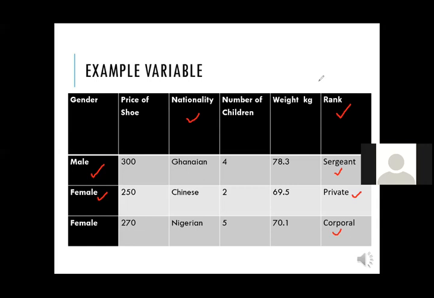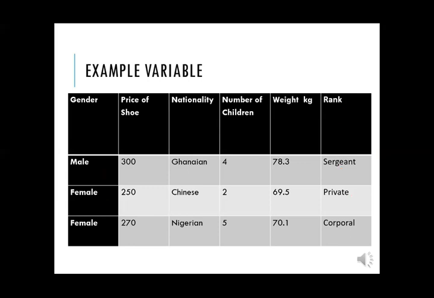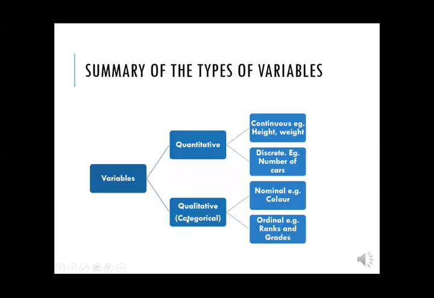Now, how do we classify those two types of variables? Let's go to our flowchart and see where they fall. You have the nominal variable like color, like gender, like nationality. You cannot say that color white is better than color red, even though it's your favorite color. You can't say color red is nicer than color green.